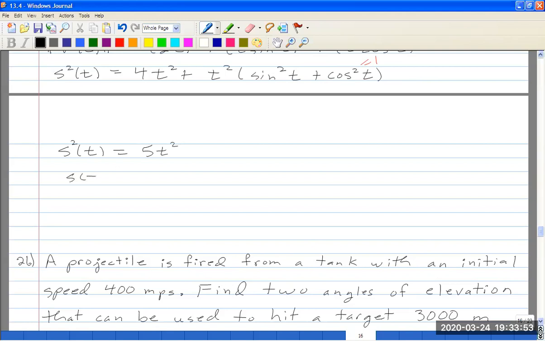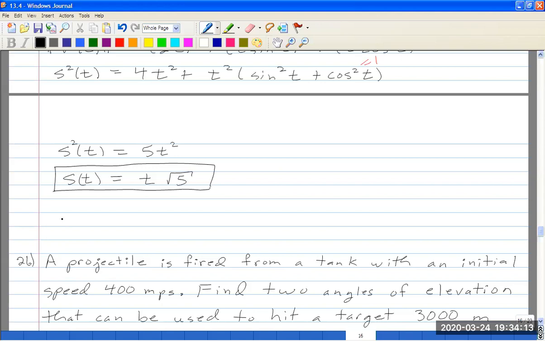So the speed is just t root 5. I can assume that the time is greater than or equal to 0, so I don't need an absolute value.